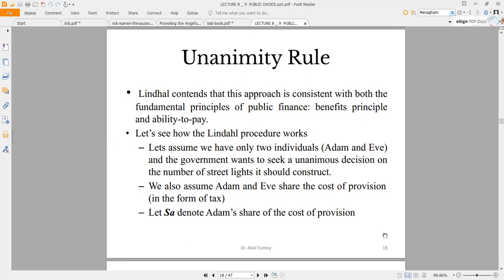So whatever cost that the government incurs is going to be shared by Adam and Eve in the form of taxes, of course. Now let's use SA to denote Adam's share of the cost of provision. So after they have provided the street light, SA is talking about the proportion of the cost of the street light that is going to be borne by Adam.